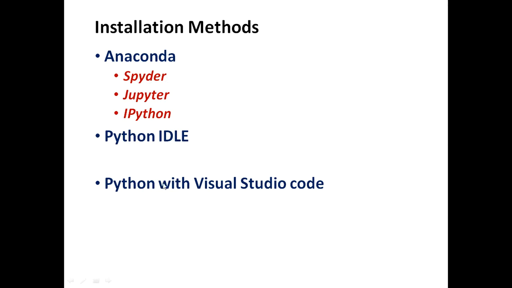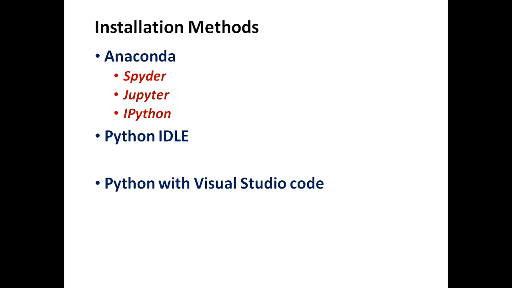that is the quick solution. The other method, which I'm doing in front of you, is the Python integrated development and learning environment. And there is also a famous integration of Python with Visual Studio Code. So these are three methods.